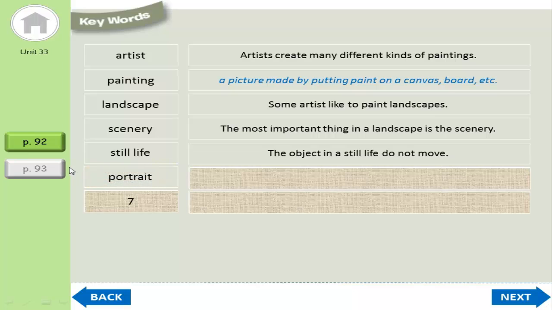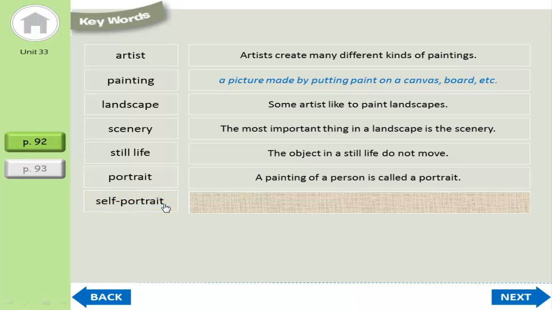And we also learn the word portrait. A painting of a person is called a portrait. So portrait is a painting of a person. And the last one, we learn the word self-portrait.